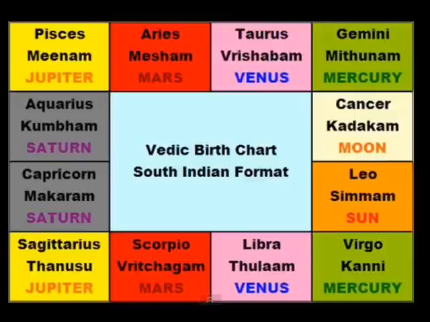Jupiter rules over Sagittarius and Pisces. Venus rules over Taurus and Libra. Pink is the favorite color of Venus. And finally, Saturn rules over Aquarius and Capricorn. Black is the favorite color of Saturn. Rahu and Ketu, which are the north and south nodes of the Moon, were not given any rulership over the signs.